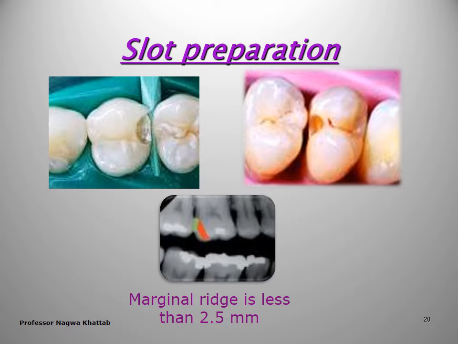To perform a tunnel preparation, I should have a sufficient bulk of the marginal ridge, not less than 2.5 millimeter. If it is less than this, you have to perform a slot preparation. It looks like the proximal box, but without any definite rules.